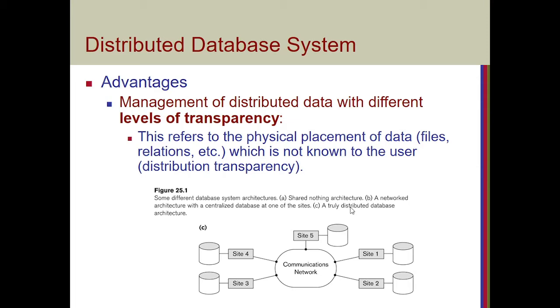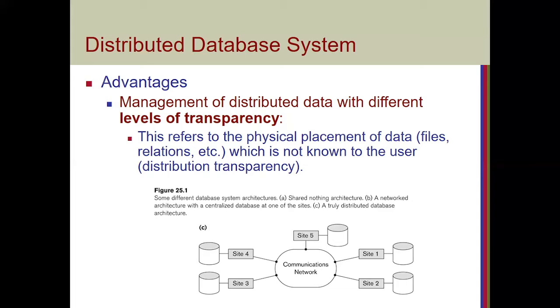As you can see, there's a diagram here showing that we are assuming different sites run on different database management systems and so on. So one advantage is that it offers some kind of transparency, which we refer to as distribution transparency.